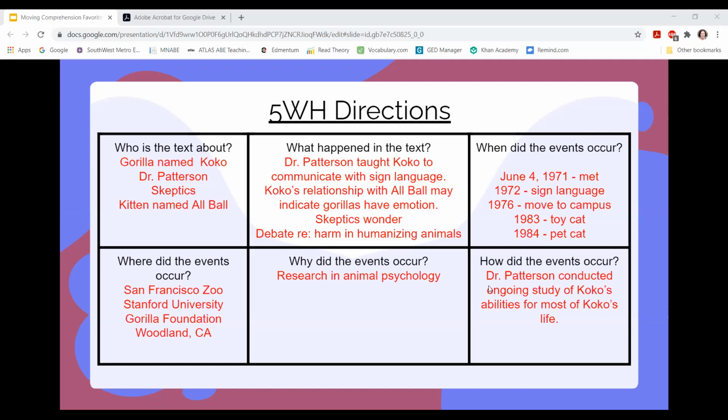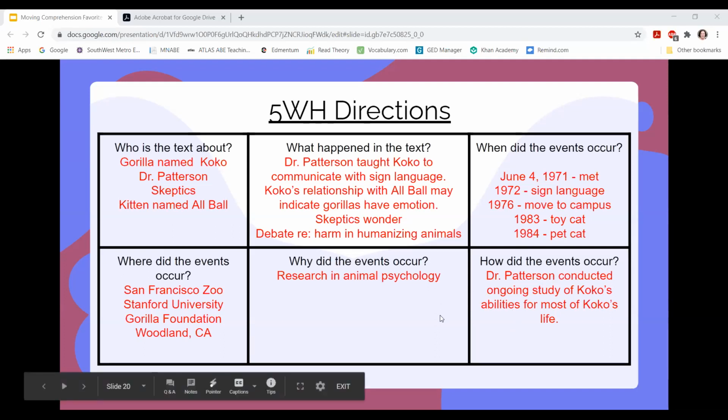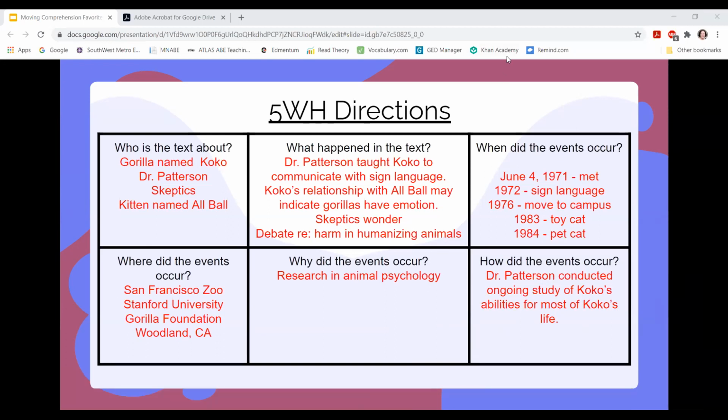I think it's also important to note that it is perfectly acceptable to have situations where one of these boxes doesn't receive any notes at all. I did find something that I thought would work for how, but that would work very well in the what column. So have the text drive the discussion, not the graphic organizer.